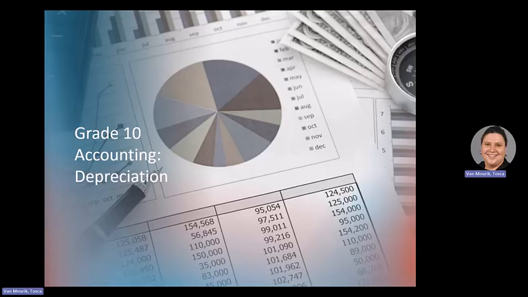From your general ledger, then you are going to create a trial balance. This trial balance is not the stop or the completion of the accounting cycle. It is merely the beginning of the last step in our accounting cycle, which is the financial statements. For the trial balance, we are going to look at all the balances in the balance sheet to make sure that they reflect the correct value.